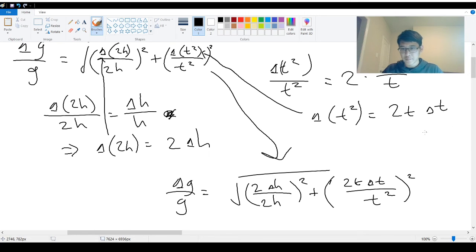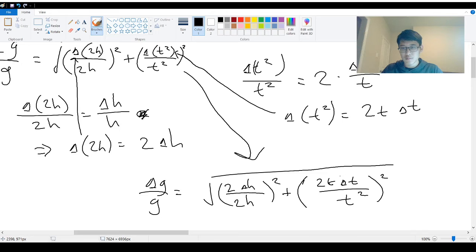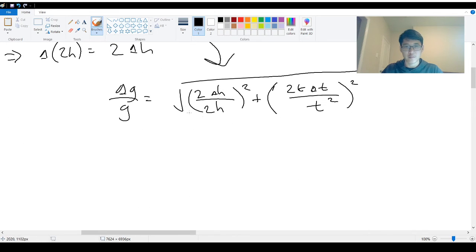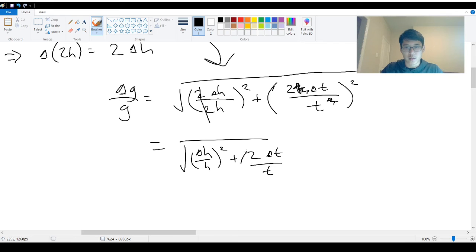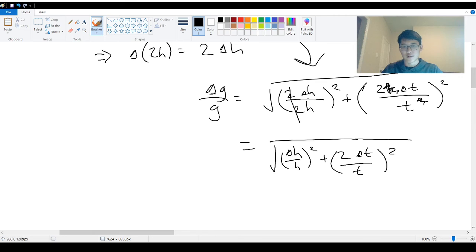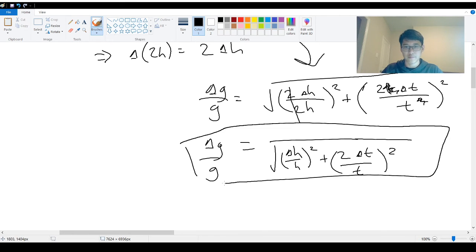Right? So what we get, if we simplify this down a bit further, these cancel out. And the t cancels out with this squared, so we get the square root of delta h over h squared plus 2 delta t over t squared. So this is the relative uncertainty in g.